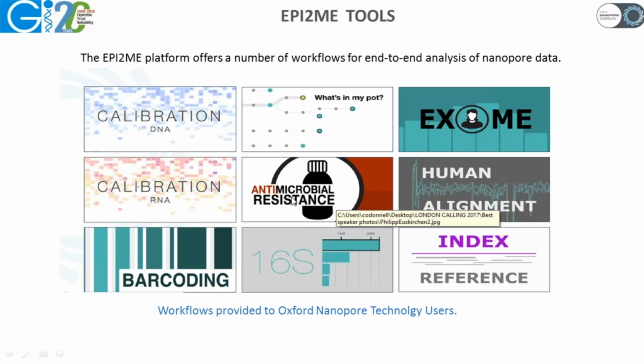And similarly, there are programs for antimicrobial resistance, 16S metagenome, exome sequencing, etc. All these come with your access to the nanopore community, which you get by going for the sequencer.